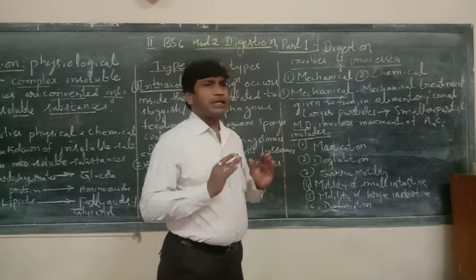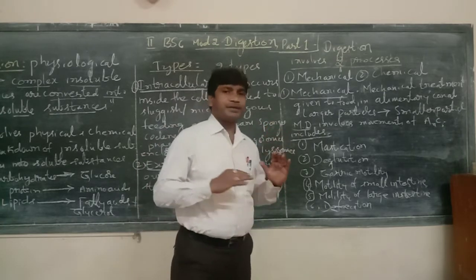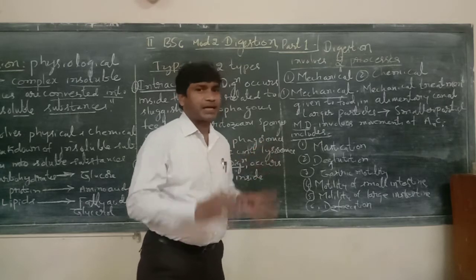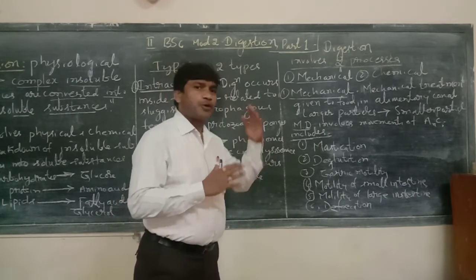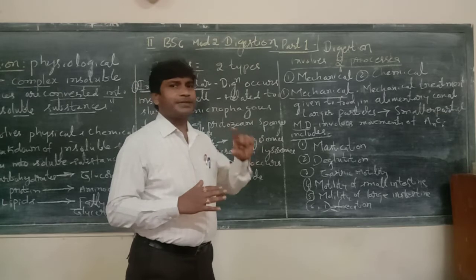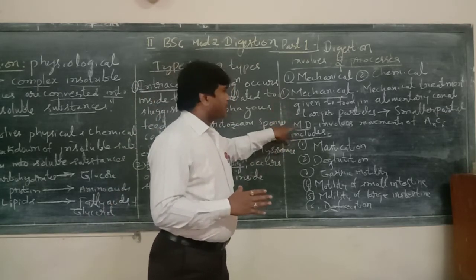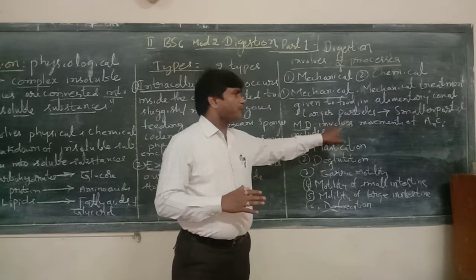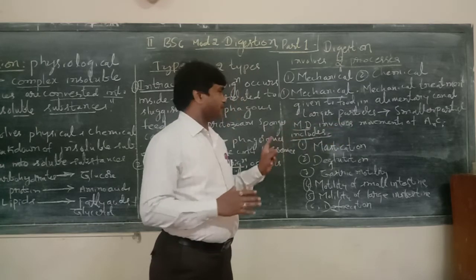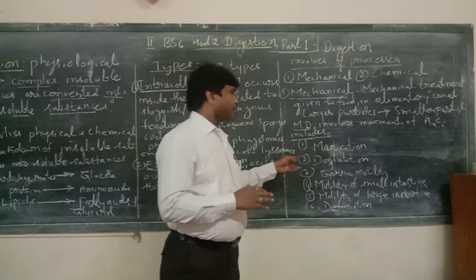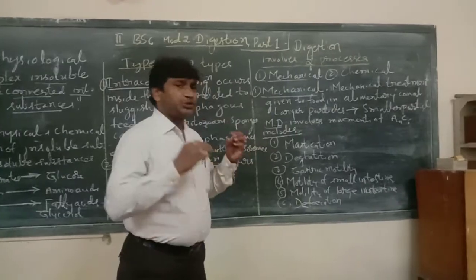What is the alimentary canal? It is nothing but a straight tube or digestive tract which extends from mouth to anus. Mechanical digestion involves the movements of the alimentary canal, which includes mastication. Mastication is nothing but chewing the food material.